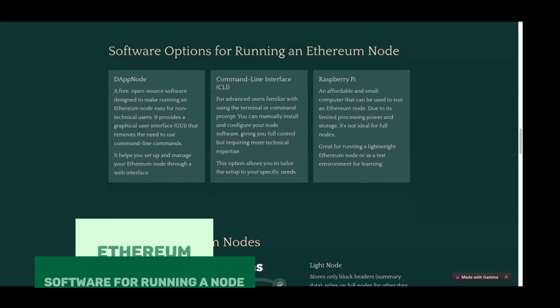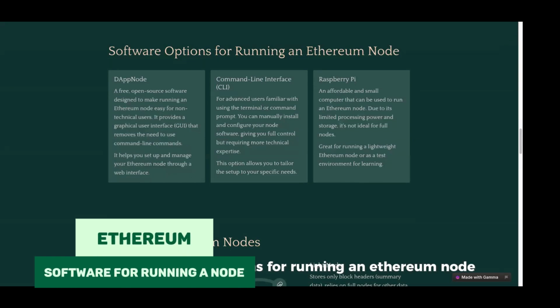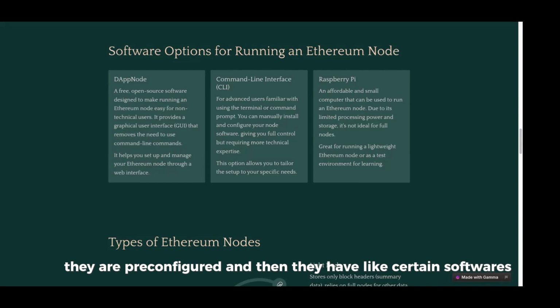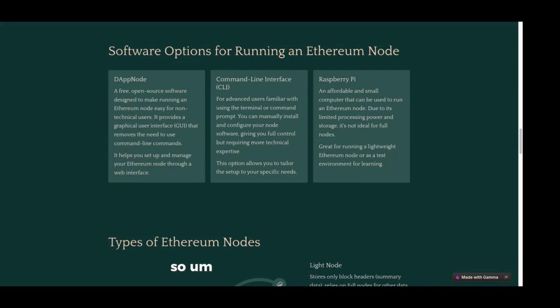So the software options for running an Ethereum node. For DAppNode, just like I said, they are pre-configured and they have certain software. You can also run a Gnosis node on DAppNode as well.